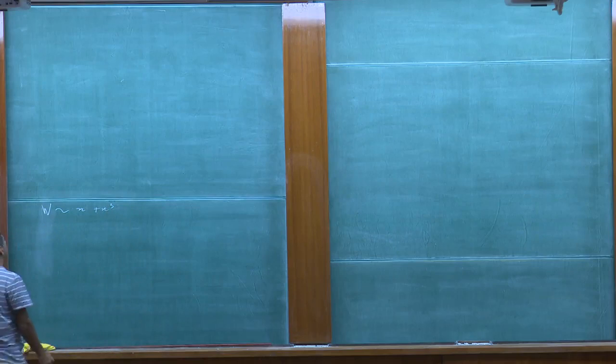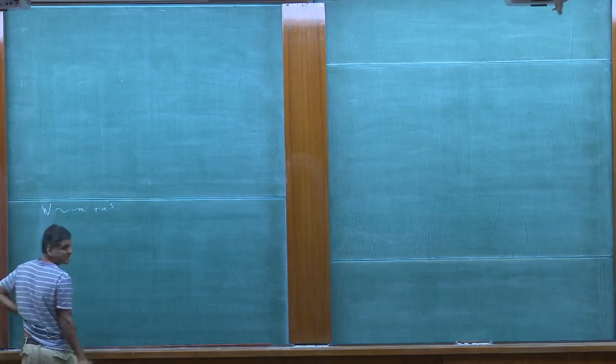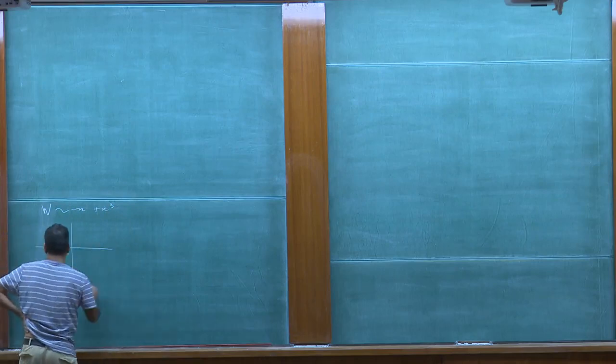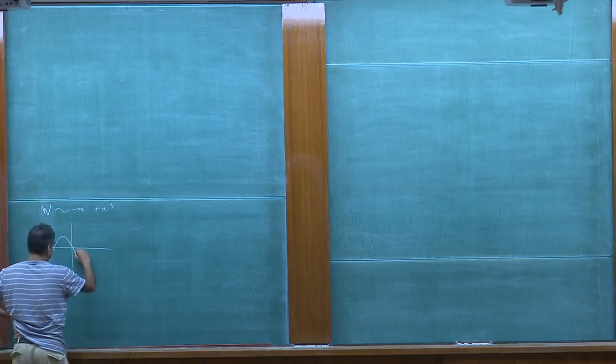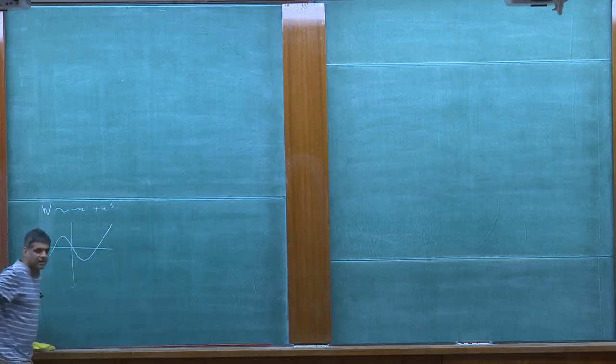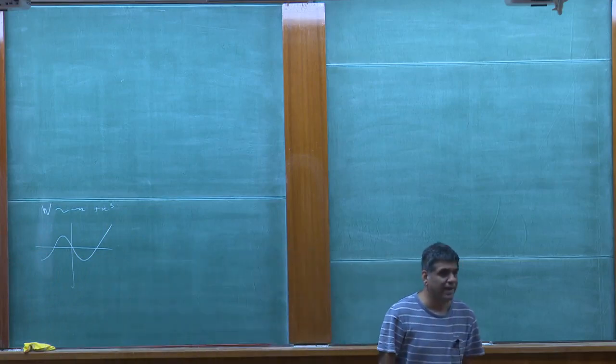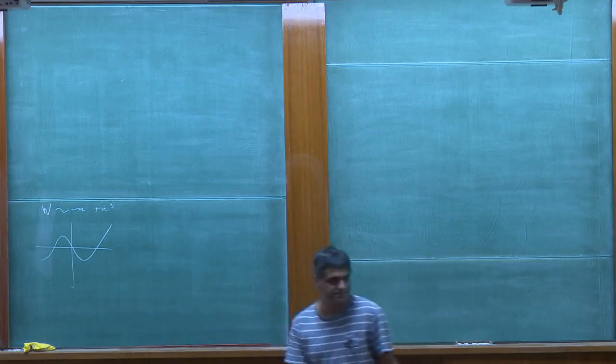Or maybe minus x, so that it cuts the axis, plus x cube. We will change the details of this potential as we go along, but just so that the cuttings with the real axis are like this. So there are three cuttings, and then there is something non-trivial to ask.